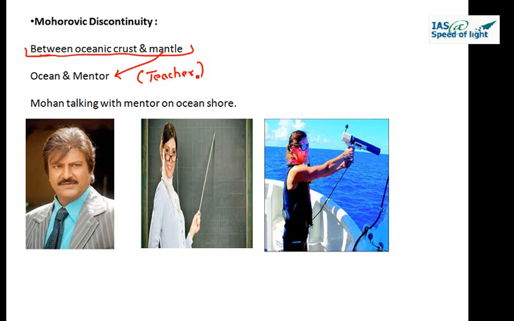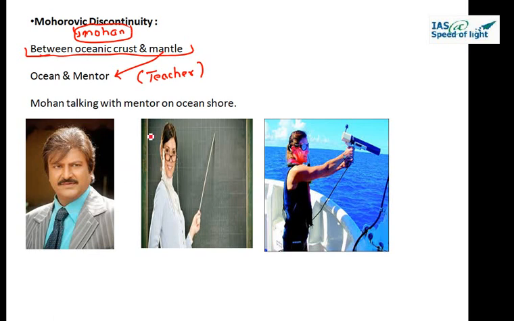And now we have to connect it to Mohorovicic. Again, Mohorovicic as such, we don't have any image. So we have to take an image out of this. From Mohorovicic, we get Mohan. Mohan is the name of a person. If you have a friend by the name of Mohan, you can take his image. Or if you don't have any picture of Mohan, it is Mohan Babu, who is a very famous actor in South India.